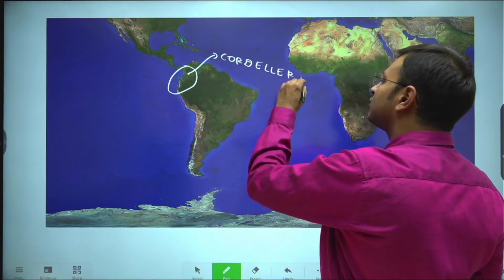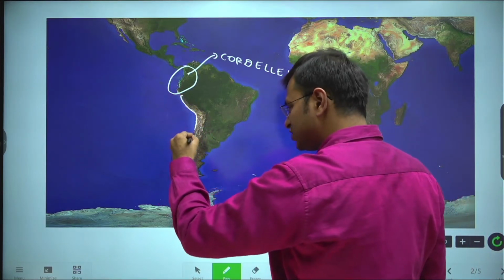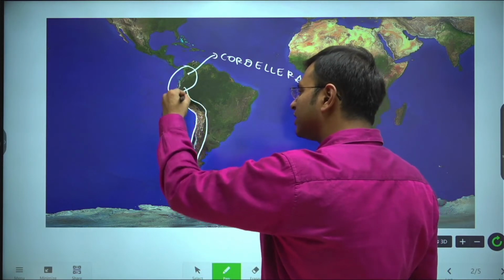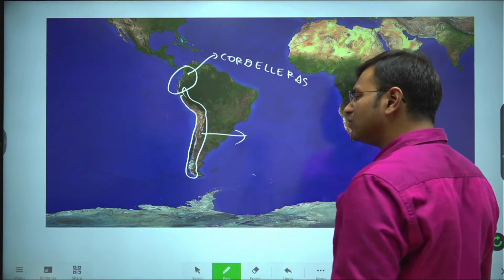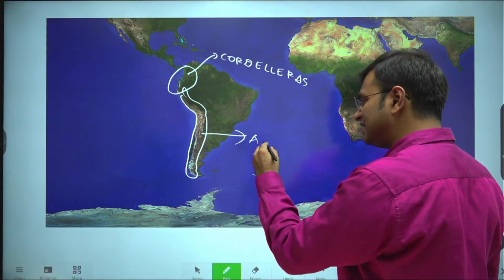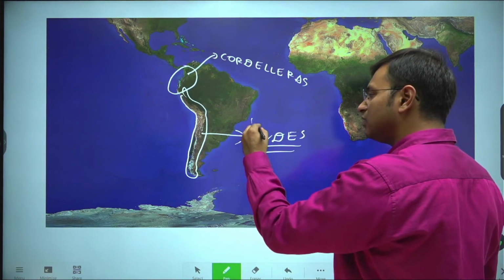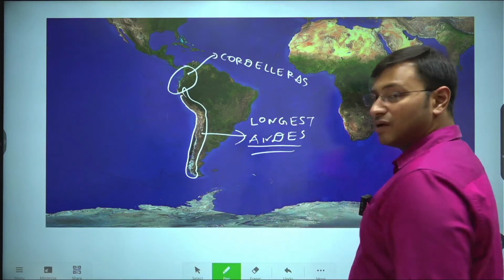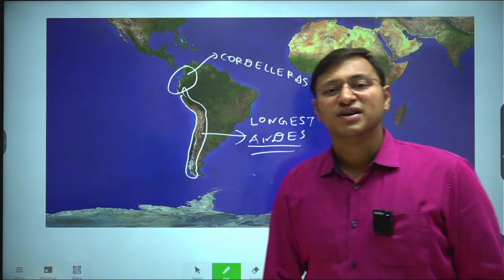This complete mountain range, which starts from the south of Ecuador, Peru, Chile, Argentina, is called the Andes. The Andes are the world's longest mountain ranges. So these are the Andes on the west coast of South America.